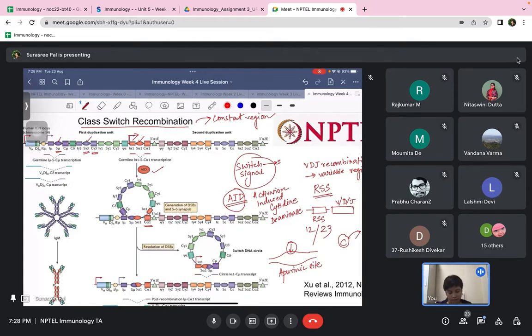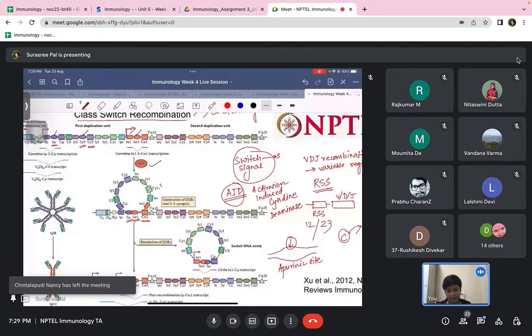So you can see here that recombination takes place between the switch signals of the mu and the S alpha 1 region, right? So between the switch signals of the constant regions of IgM and IgA. And here you can see that it forms a loop kind of structure like this.